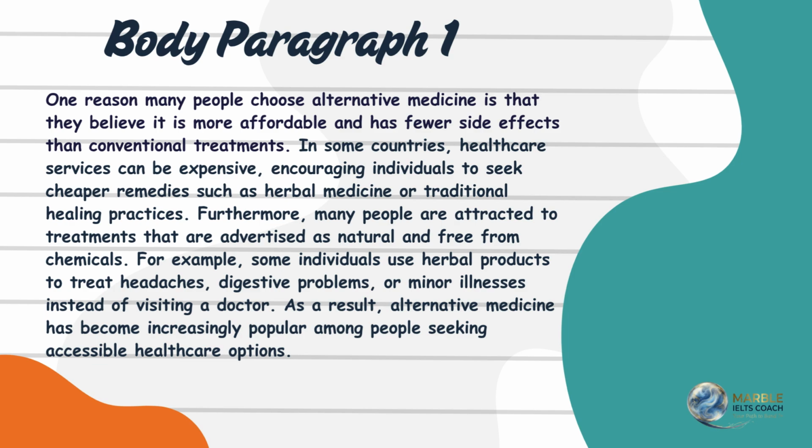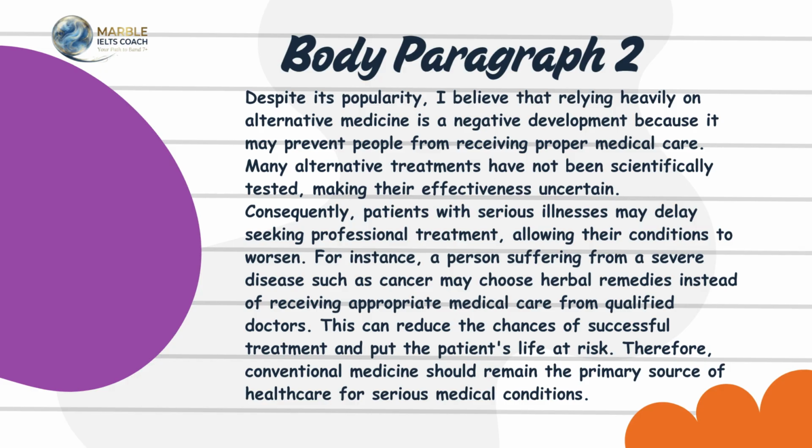So that is body paragraph 1. We now move to body paragraph 2. The topic sentence again. Despite its popularity, I believe that relying heavily on alternative medicine is a negative development because it may prevent people from receiving proper medical care.